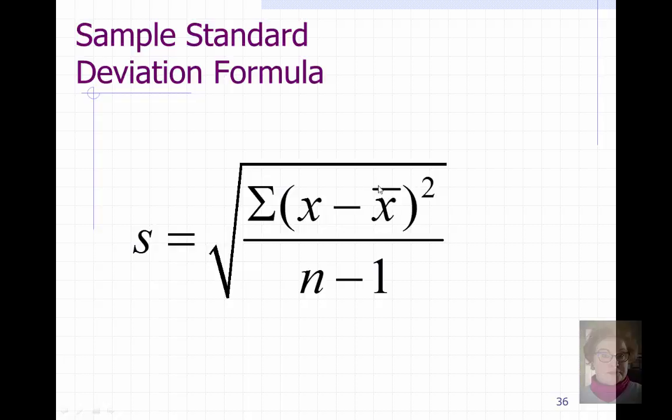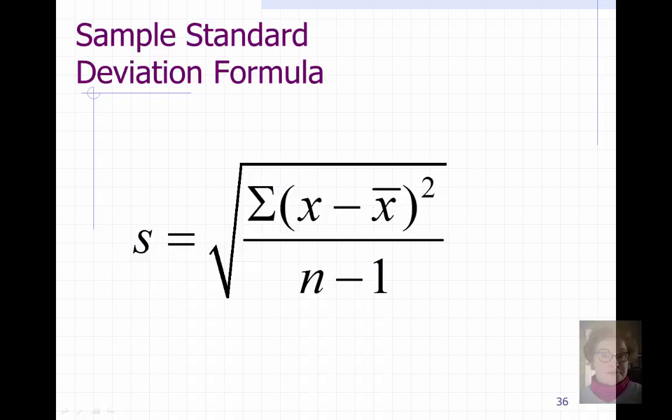Once you do that for all your data points, then you're going to square each data point. Once you square them, then you add those all up. You're going to divide that sum by the number in the sample minus 1. And lastly, you're going to take the square root of that calculation.